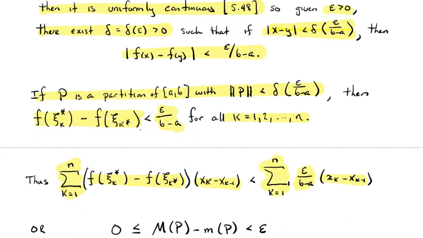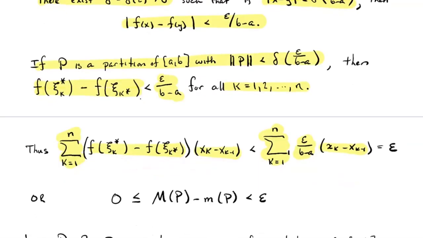Okay, but this sum on the right-hand side, epsilon over b minus a, is a constant. The width of the subintervals is certainly going to add up to b minus a. So that sum is just going to add up to epsilon. If I distribute the width of the subinterval through this sum and rearrange it, the f upper star c_k's times that width is our upper sum, and the f lower stars is our lower sum.